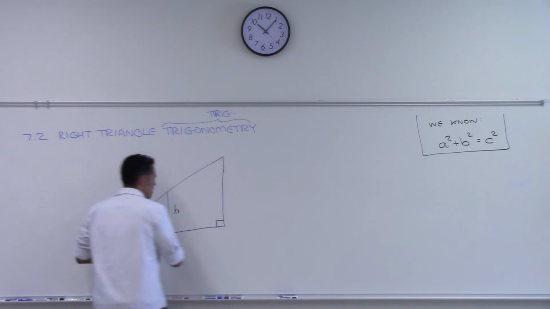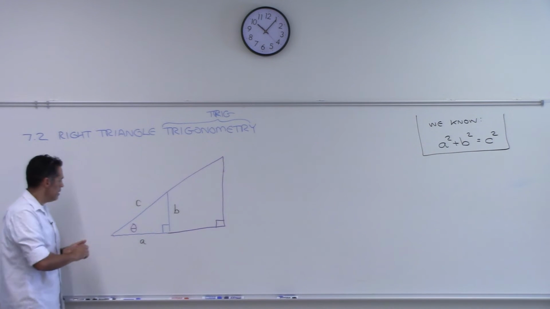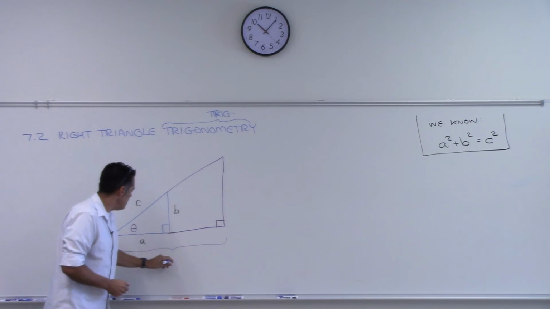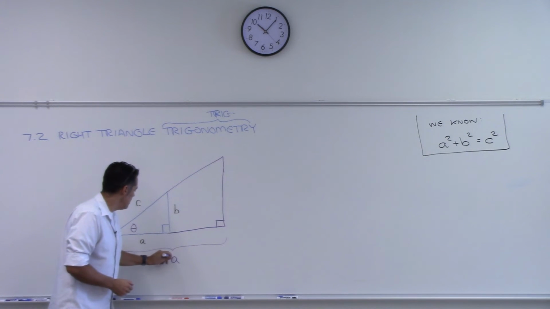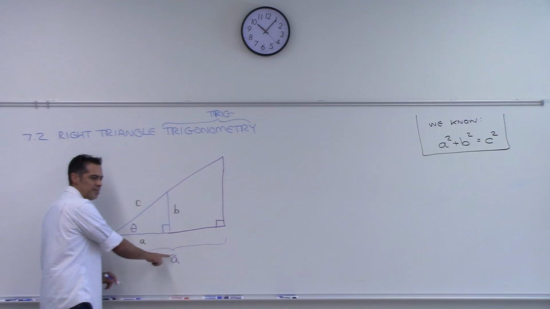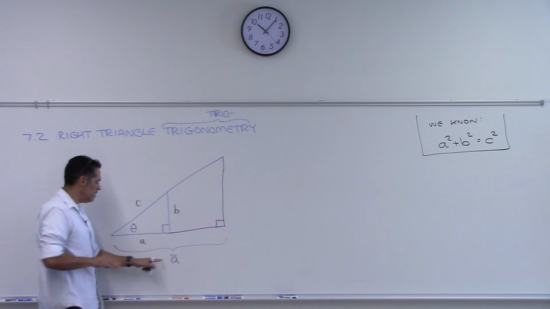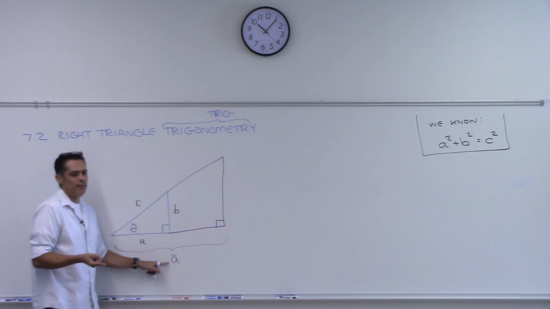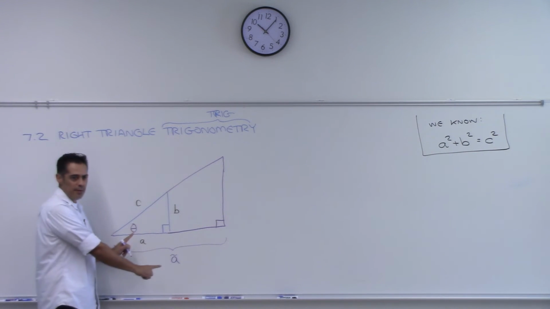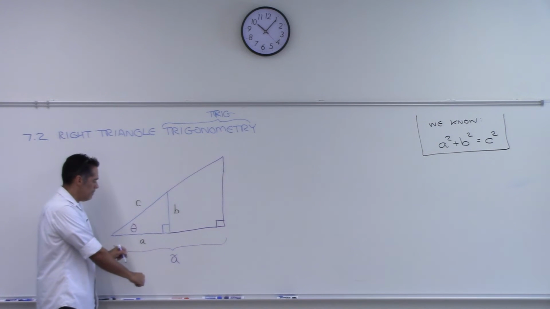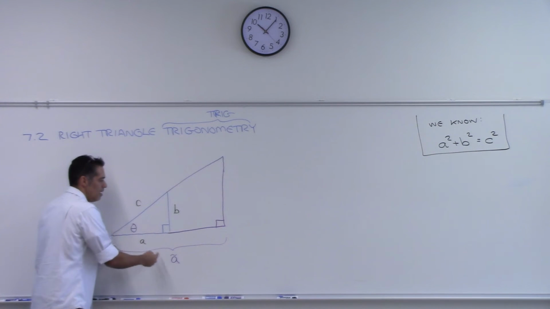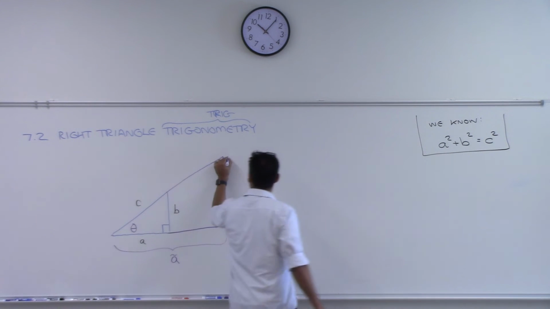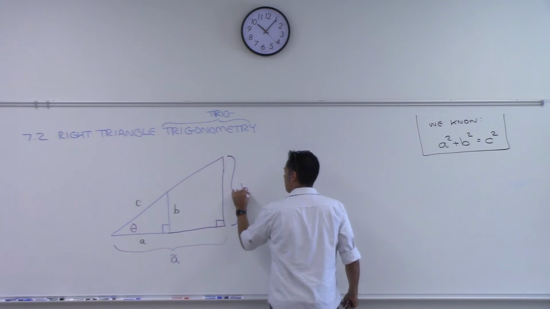That's a bigger triangle than the original blue one, right? And this distance from here to here, let's call that A tilde. That's just a symbol, okay? The tilde symbol. It's just so you can distinguish it from this little a. This is a different little a, but I put a tilde so that they're two different a's, okay? So a and a tilde obviously are not the same, right? Now let's call this side from here to here b tilde.